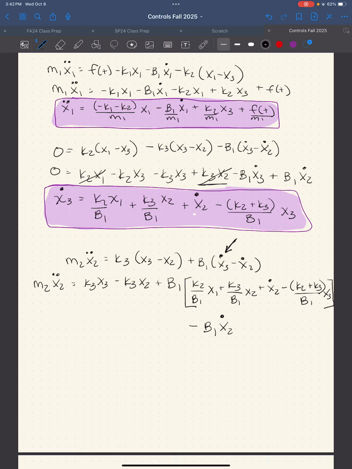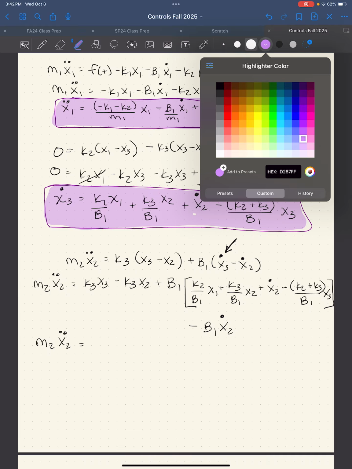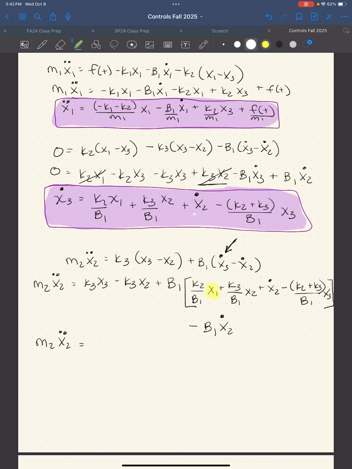Okay, now I need to rearrange. So we'll have m2 x2 double dot equals, where are my x1 terms? Well, I see this x1, and that's the only x1 that I see. So we'll have k2 x1, because the b1 cancels out. All right, what's next are my x2 terms.